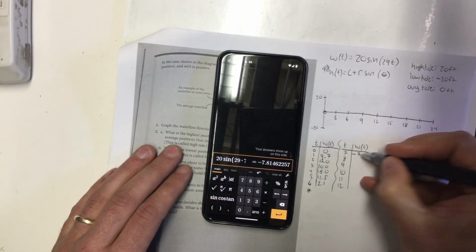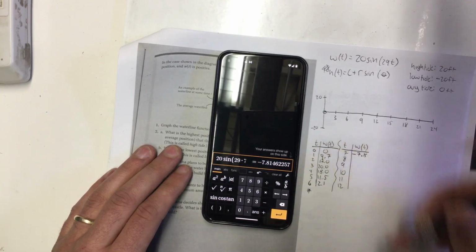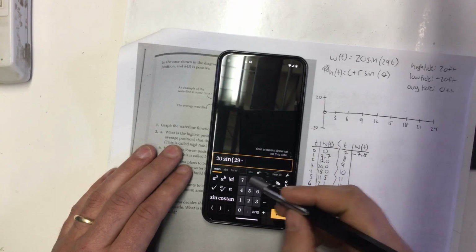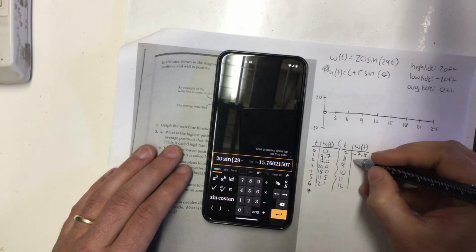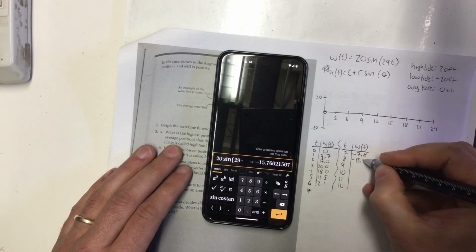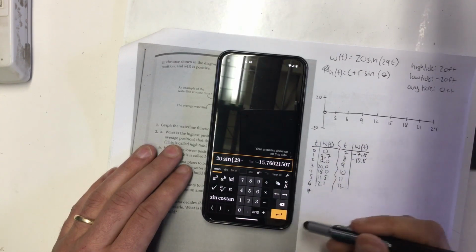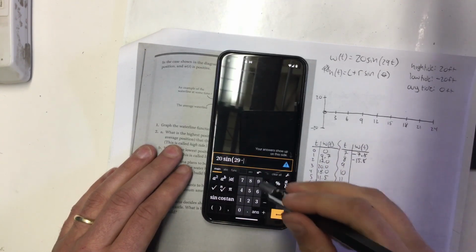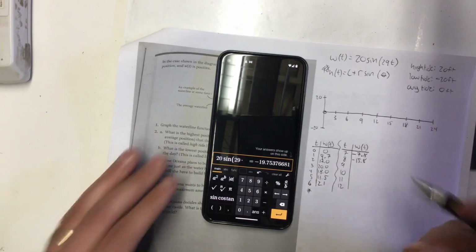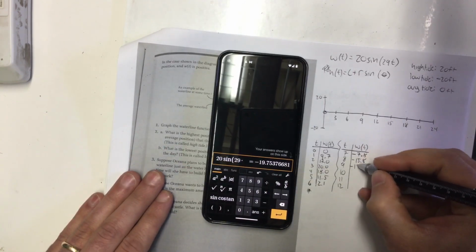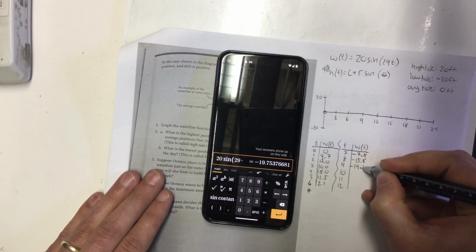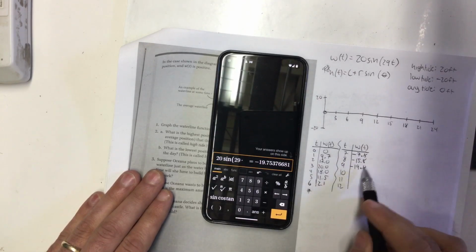So negative 7.8. For 8 hours, it's going to be negative 15.8. For 9 hours, it's going to be negative 19.8. Look, and this is pretty close to our low tide, right?